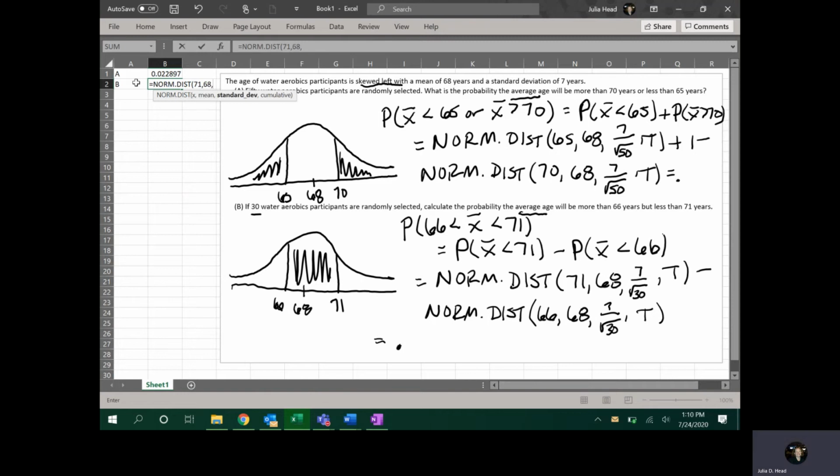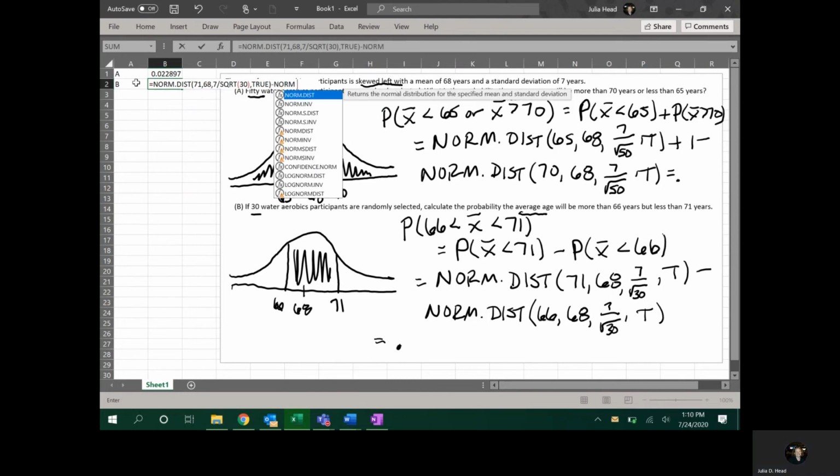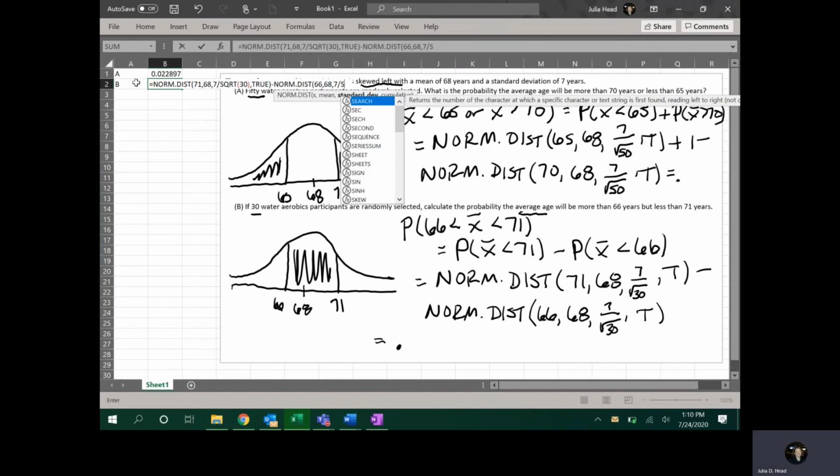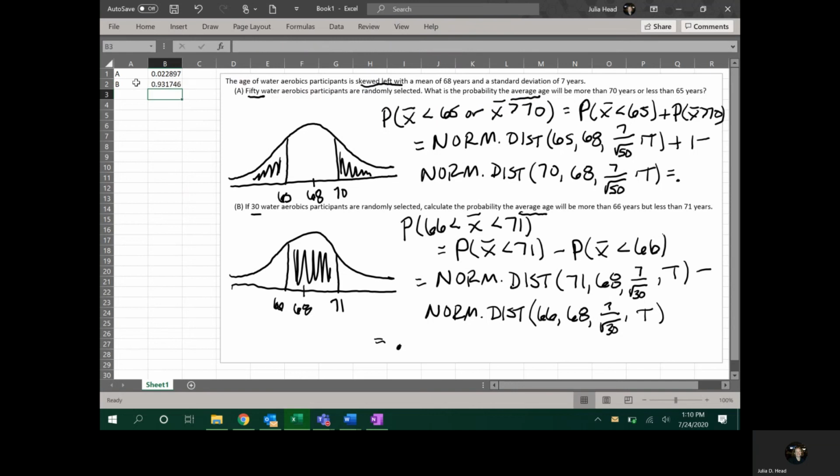This time our standard deviation is 7 over root 30. Or 0.9317.